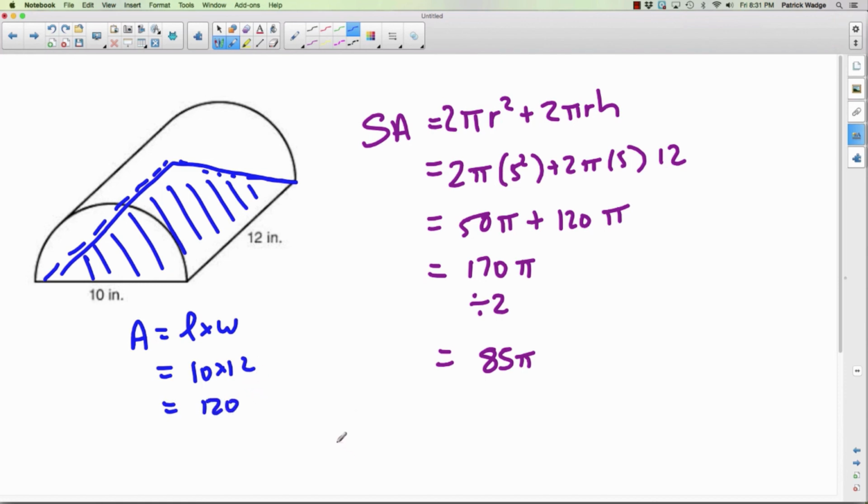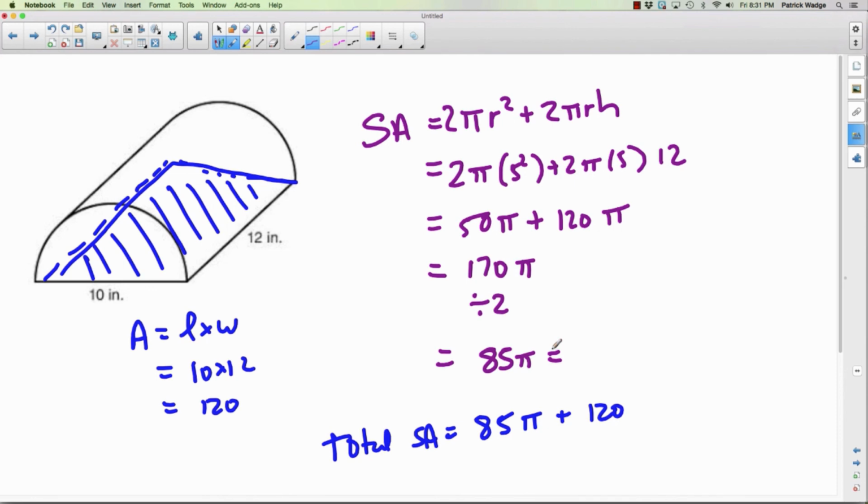So now to get the total surface area, you have to add your 85 pi, which you got here, and your 120, which you got there. You can't actually add those together because this has pi's and this doesn't. So this would be your answer in grade 11 and 12. You'd be done right there. But I tell you what, let's change our 85 pi into a grade 8 answer.